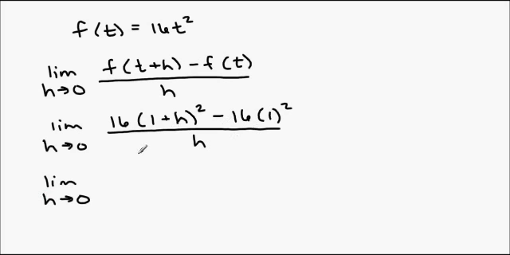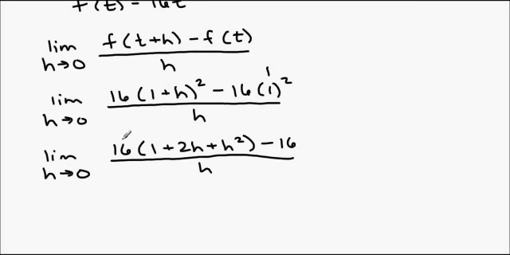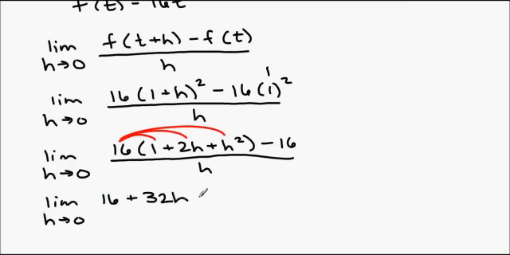Okay. So we have the limit of, this is 16 times 1 plus 2h plus h squared minus 1 squared is 1, so this is just a 16 and an h. Okay, so now I'm going to distribute 16. We have the limit as h approaches 0 of 16 plus 32h plus 16h squared minus 16 over h.